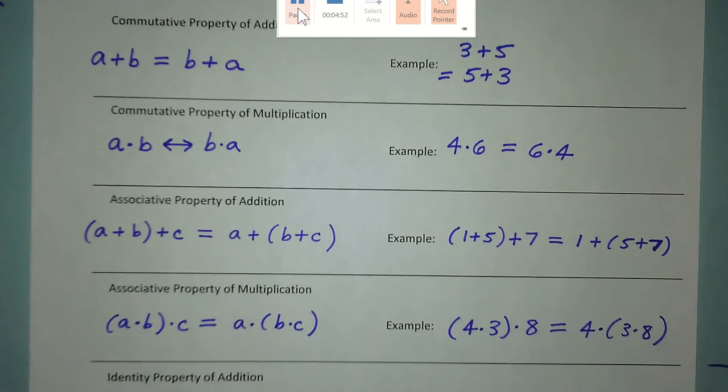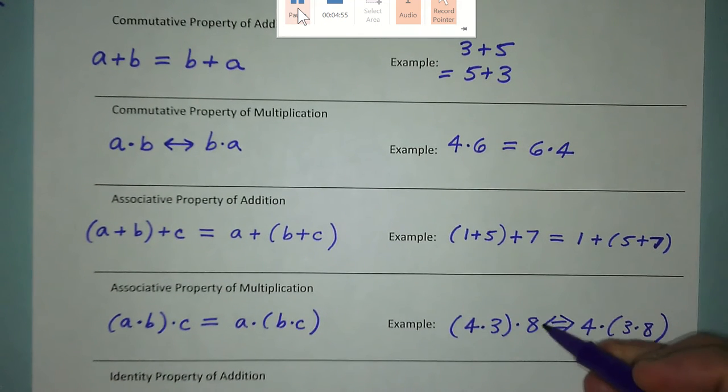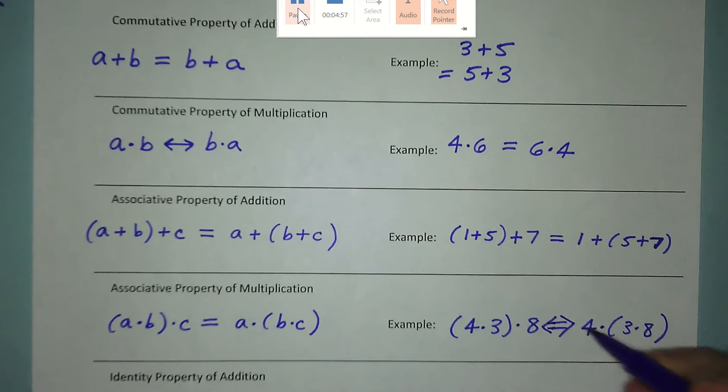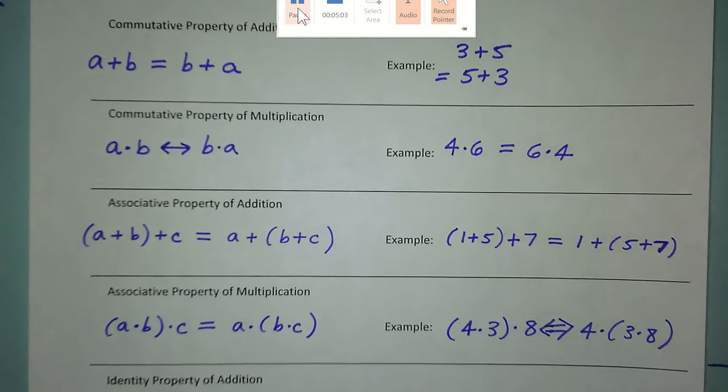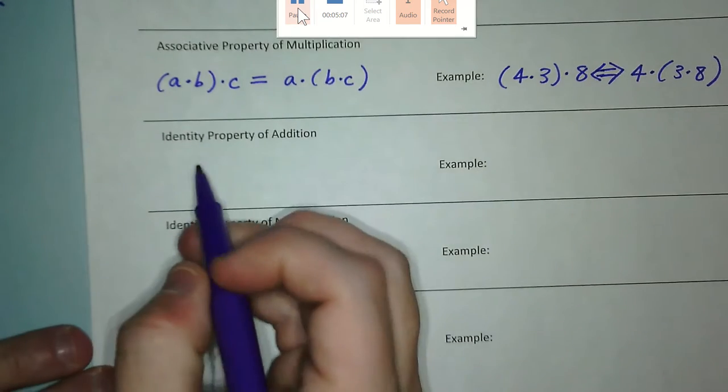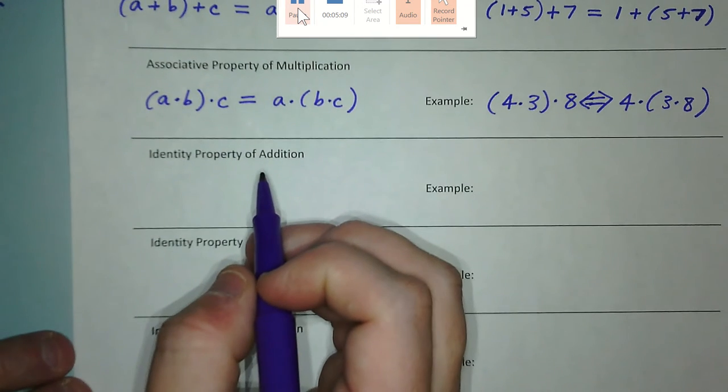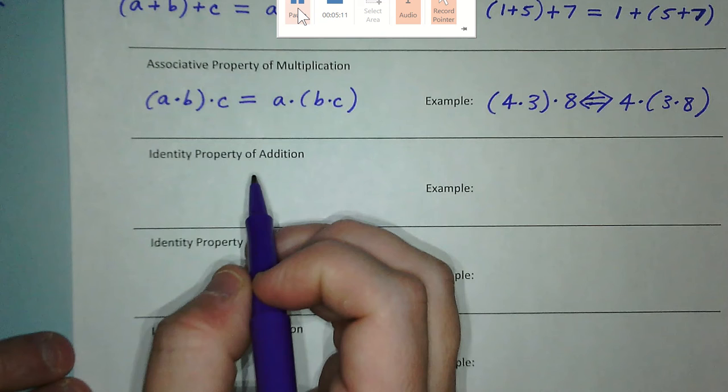You're going to get the same answer. They're equal, because it doesn't matter which two numbers you multiply first, or when you're adding, first. All right, next we have the identity property of addition.